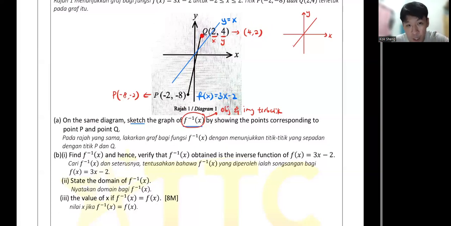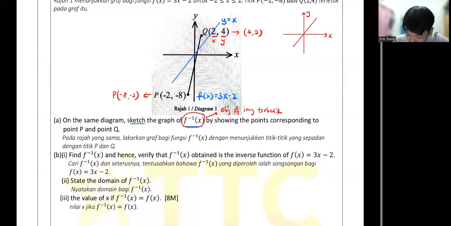If you do the reflection, it goes down here, around here. This is the new point for point Q after the reflection. Same thing for point P. Point P is here; let's do the reflection, somewhere around here.